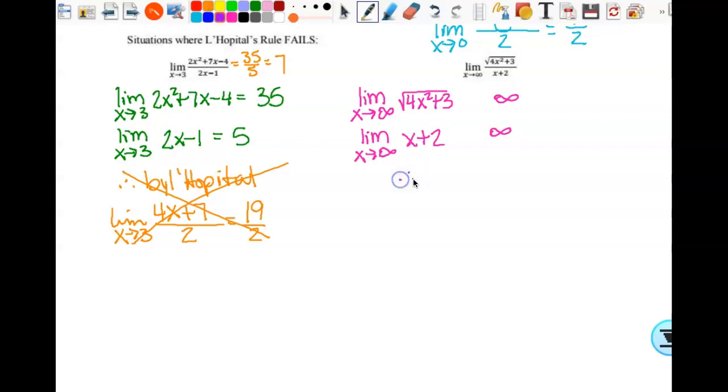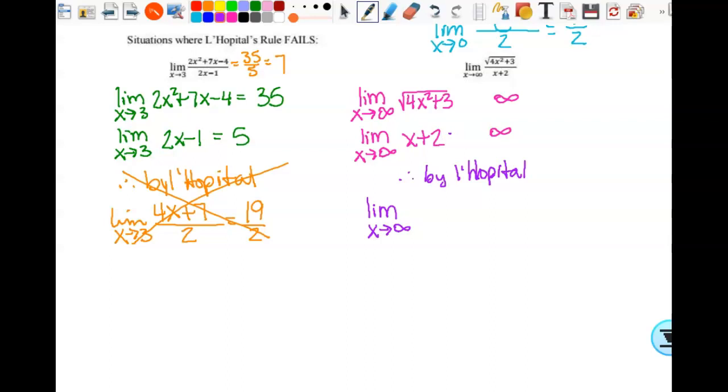So therefore, by L'Hopital, the limit as x approaches infinity, what's the derivative of this part right here? 1. So really, I don't have to worry about the denominator, right? It's just 1. I need to take the derivative of this.